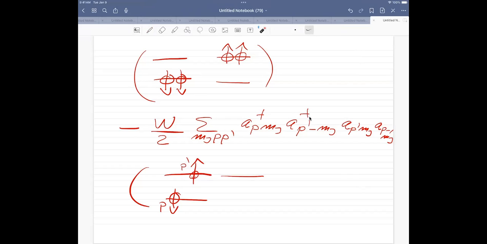And what this operator is doing now is that it's actually destroying a particle here and destroying a particle here. And then you may end up in something which looks like this. Okay, so it moves over to a new type of configuration. So these interactions can then create or destroy two particle states and make a new two particle state.